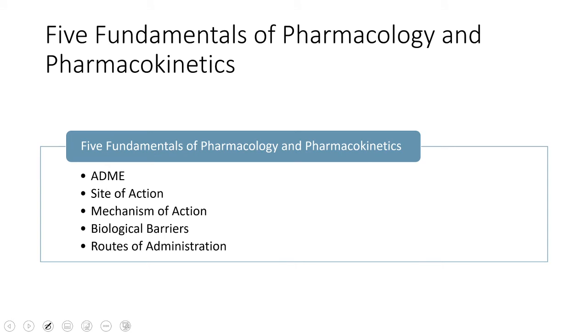Okay, so I mentioned ADME before, and it is one of the 5 fundamentals of pharmacology and pharmacokinetics, and I'll talk about all of these things. ADME stands for absorption, distribution, magnitude, and elimination.